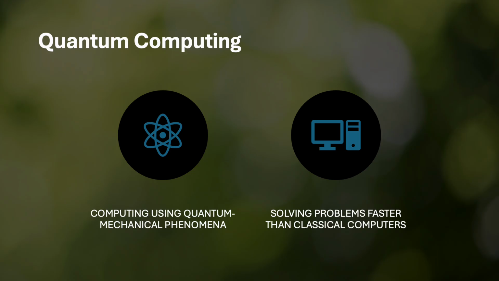While they won't replace your laptop for browsing the internet or playing games, quantum computers could revolutionize fields where we need to sort through enormous amounts of possibilities to find the best solution. So, in reality, solving problems faster than classical computers is where quantum computing shines.